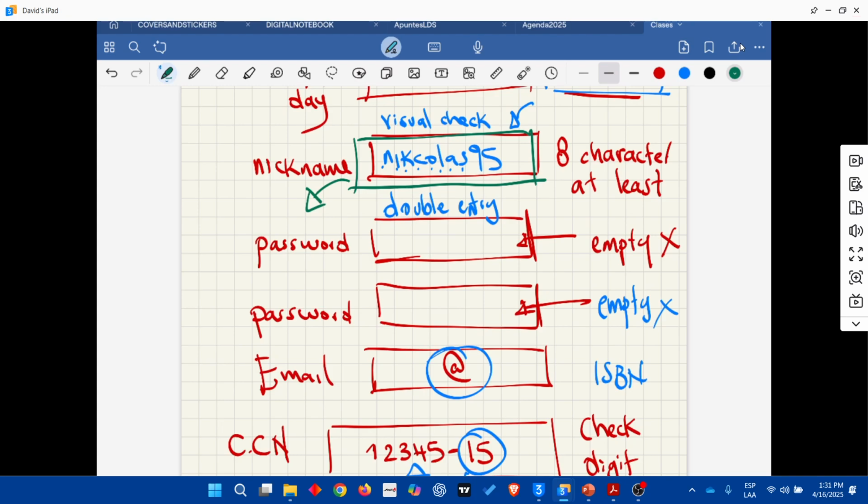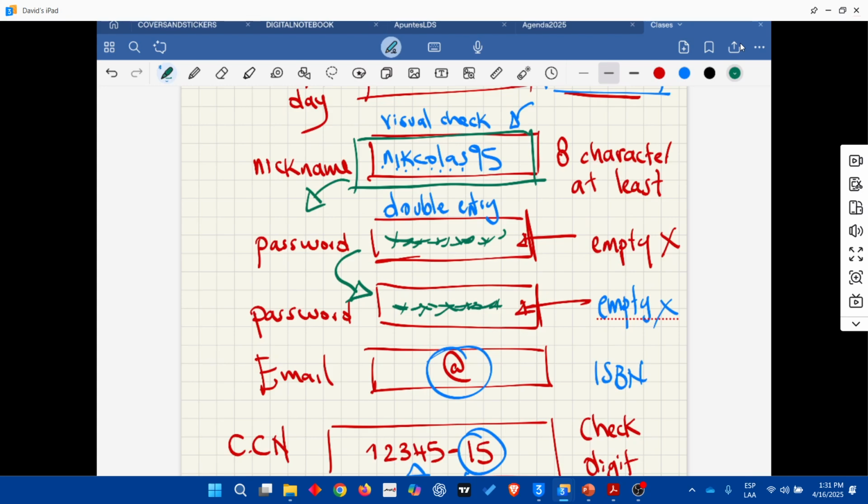Okay. And the double entry is that, for example, here you are going to put your password and you are going to put the password here too. The software is the one that is going to verify if the password that you put here is the same that you put here. Okay.